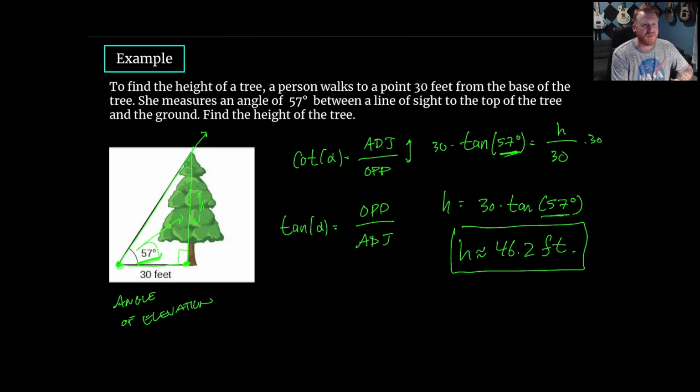I think that is the number one reason to make mistakes or think that you're getting things wrong in a trig class: you put things into a calculator, you're not getting what you expect, and it's just because your calculator is in the wrong mode. So make sure that your calculator is in whatever mode you need. If it's degrees, make sure it's in degrees. If it's radians, make sure it's in radians.